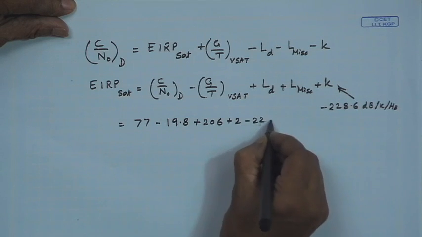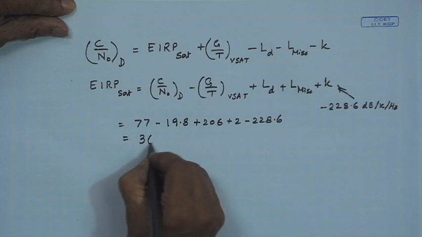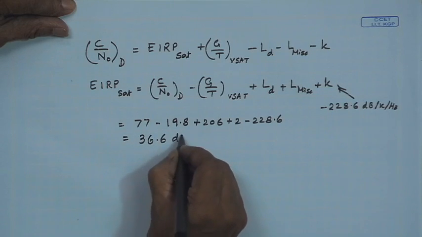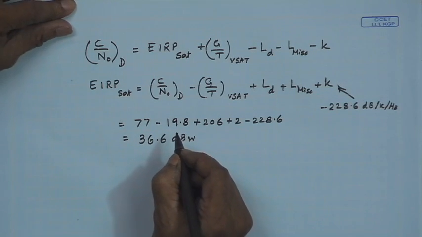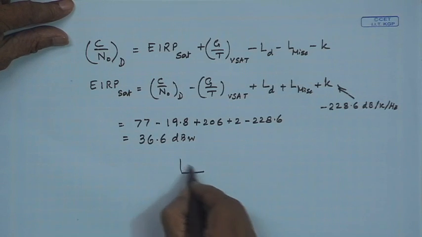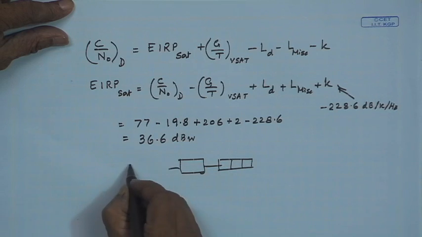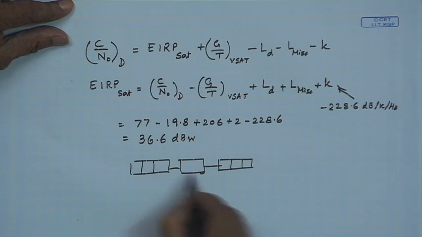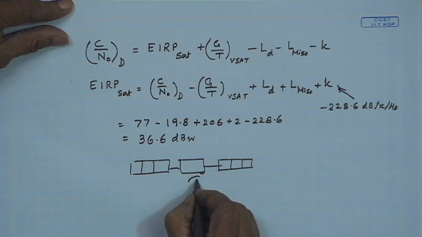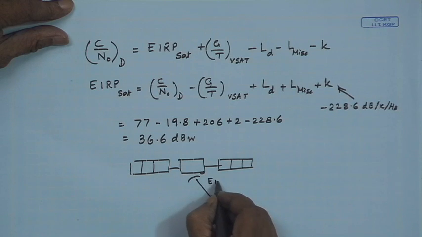So, minus 228.6, that gives a number as 36.6 dBW. Now, we know the satellite EIRP. This side is known, that is the downlink.